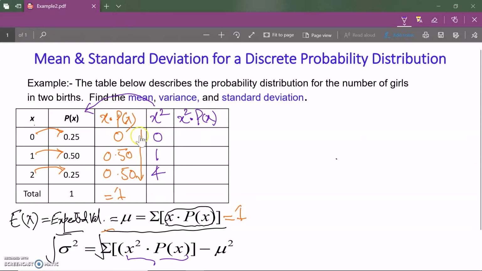0 multiplied by 0.25 is 0. 1 multiplied by 0.5 is 0.5. 4 multiplied by 0.25 is 1.